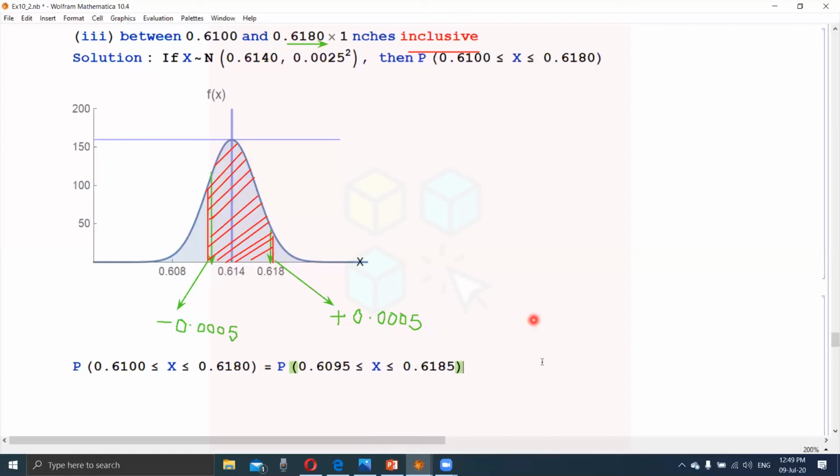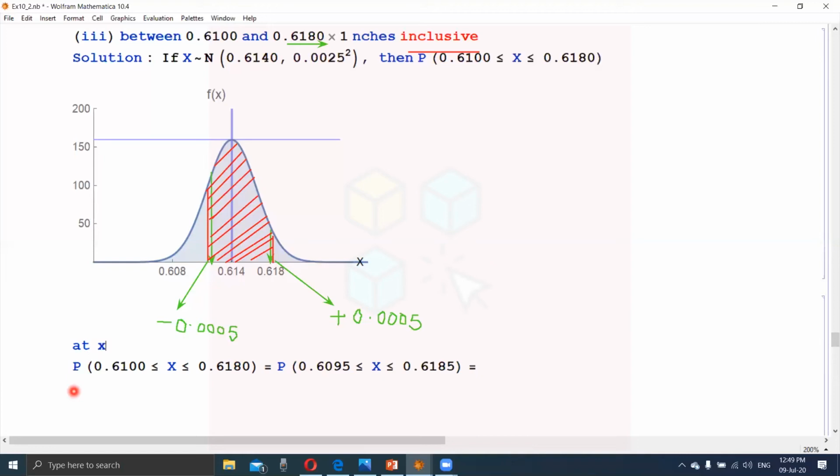Now we convert these two values of x into z scores by applying the z statistic, which is z is equal to x minus mu over sigma.